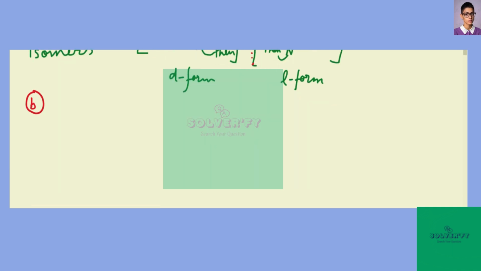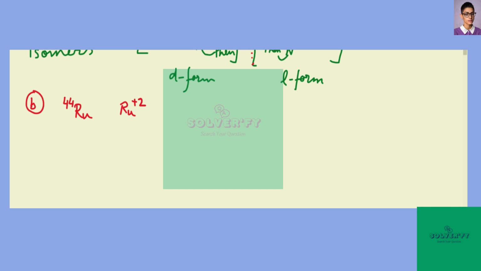So ruthenium is the central metal atom, and it is like iron. Its atomic number is 44, and for ruthenium 2+, which is present in this complex, its electronic configuration should be as follows.